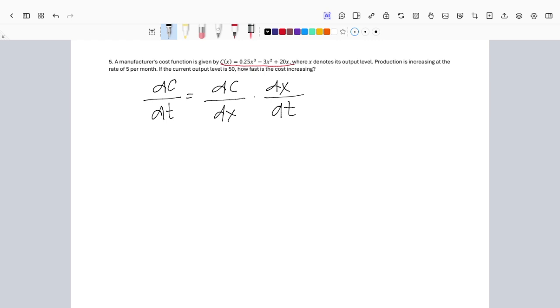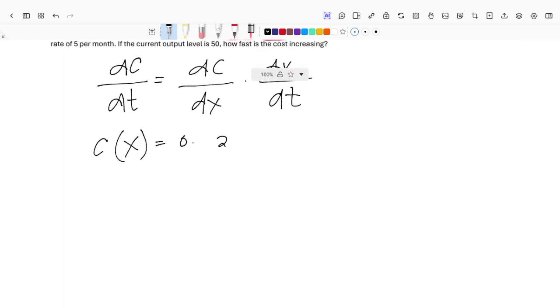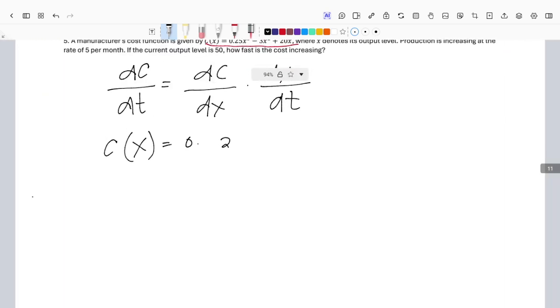And from here, let's differentiate C of x. C(x) equals 0.25x cubed minus 3x squared plus 20x.